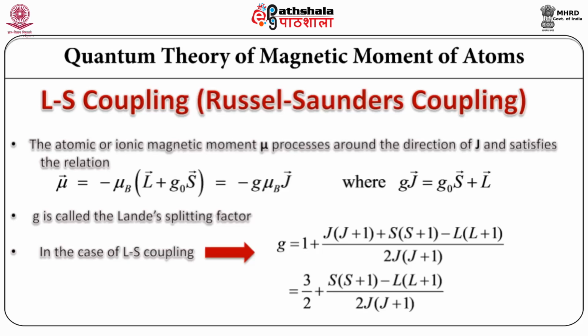As I showed in figure 1B, after you get the total capital L and capital S, you have to add them, and that will give you the total vector J, the total angular momentum, which is written as h cross J is equal to h cross L plus h cross capital S. So, in the LS coupling, which is also called the Russell-Saunders coupling, since the only conserved vector is J, remember that J is the conserved vector.